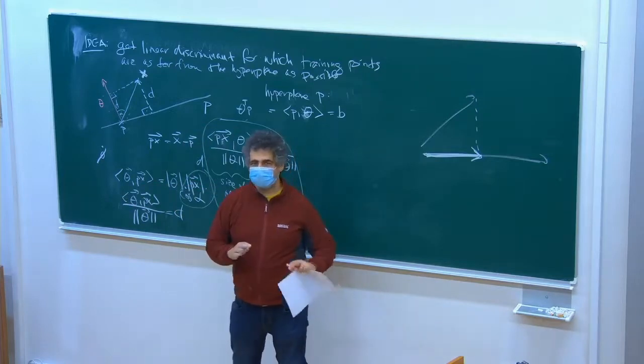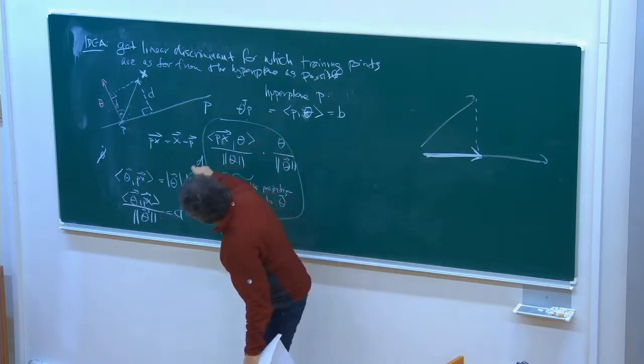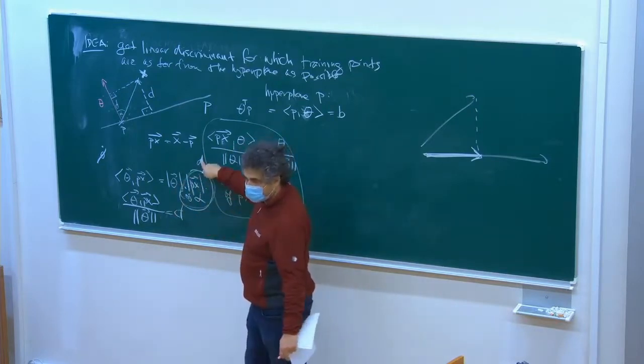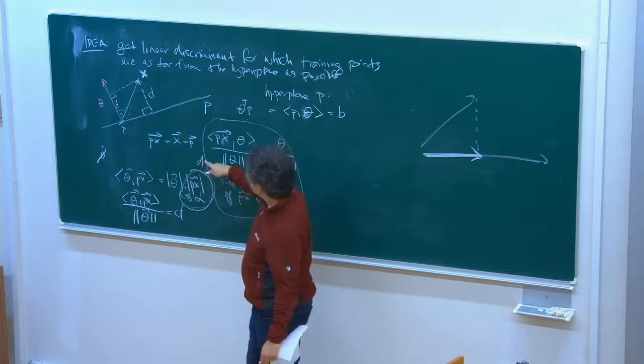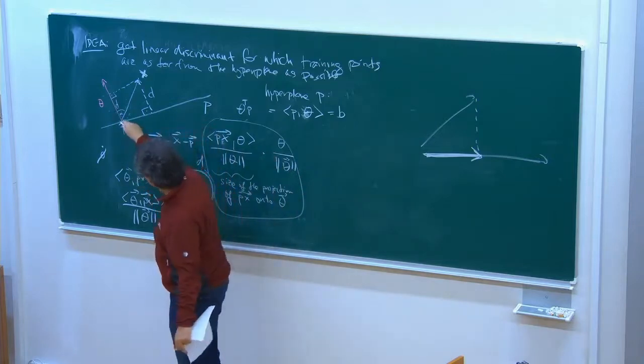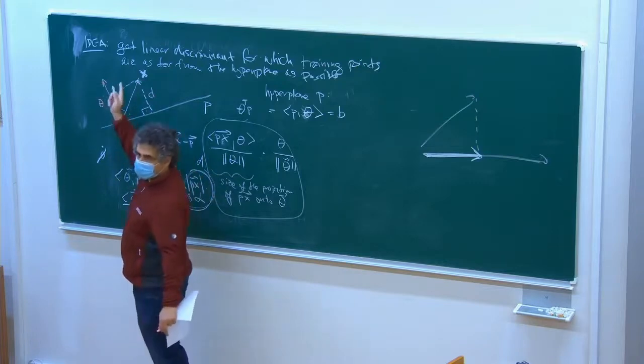Okay, so far everything is clear? So we know that this part is our distance d, with the caveat that it might be negative. If it goes in this direction, then the projection will be negative.